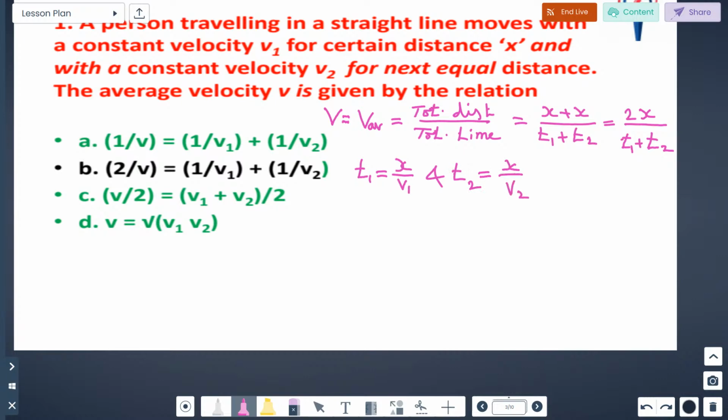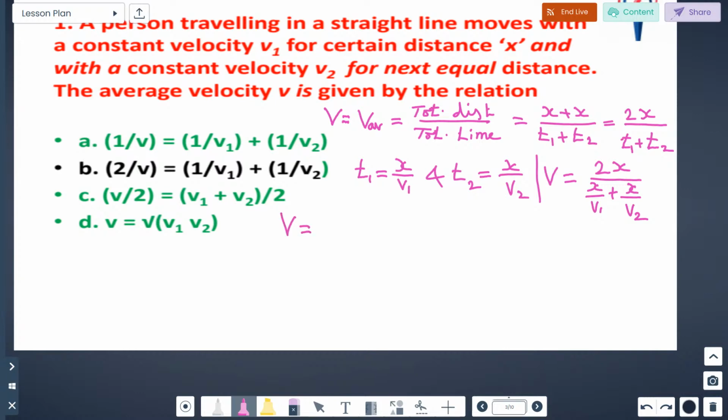Substitute this in the v average. V average, that is equal to v equal to 2x divided by t1 is x by v1 and t2 is x by v2. X is common, take out.